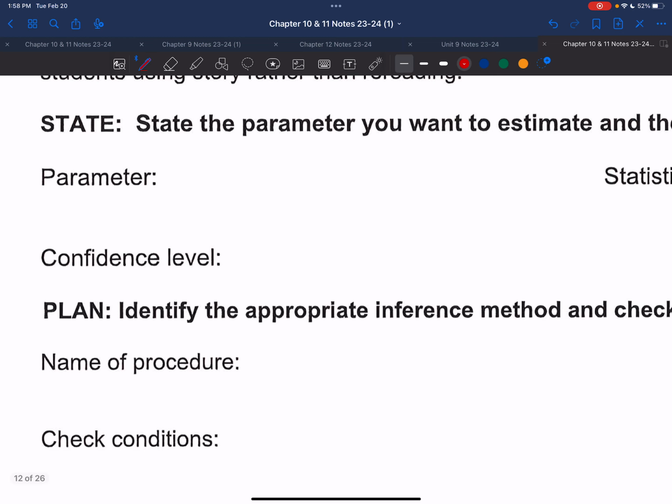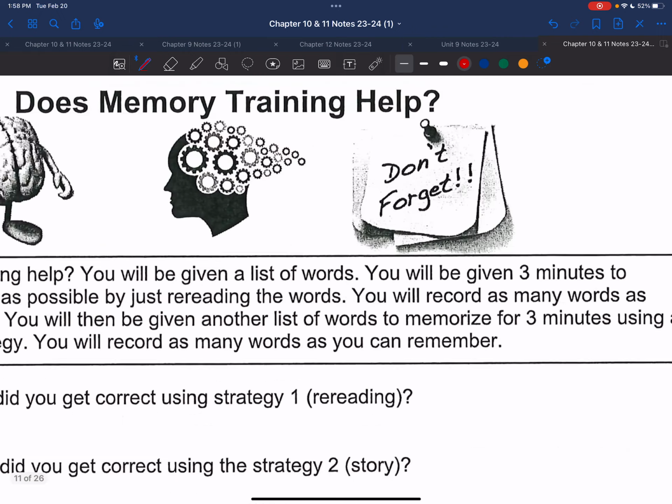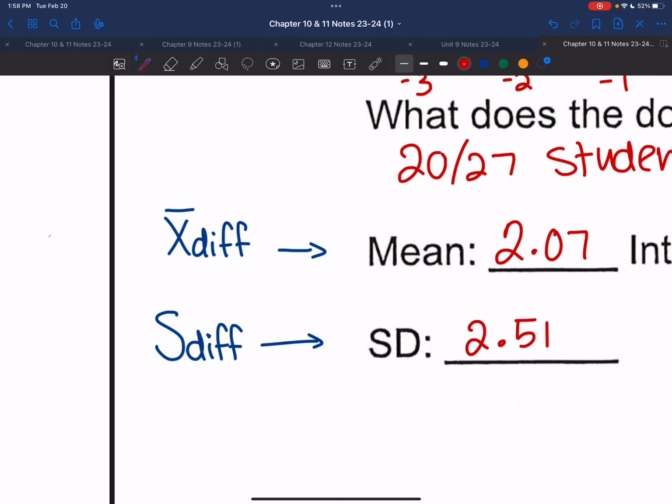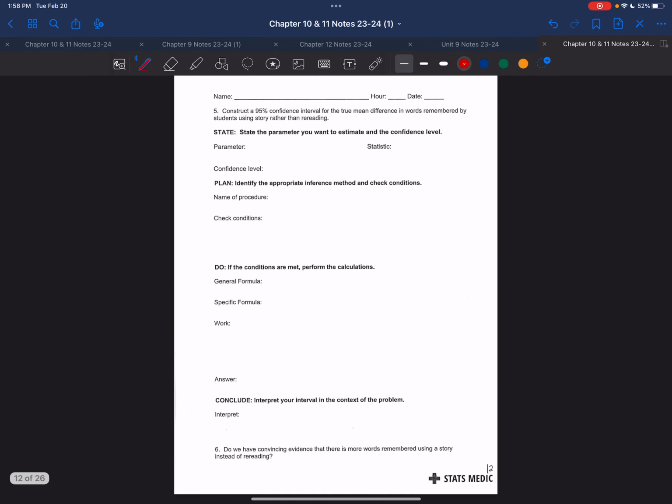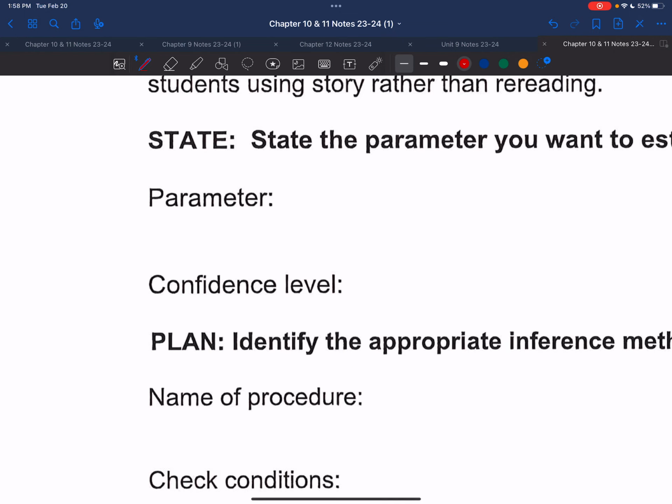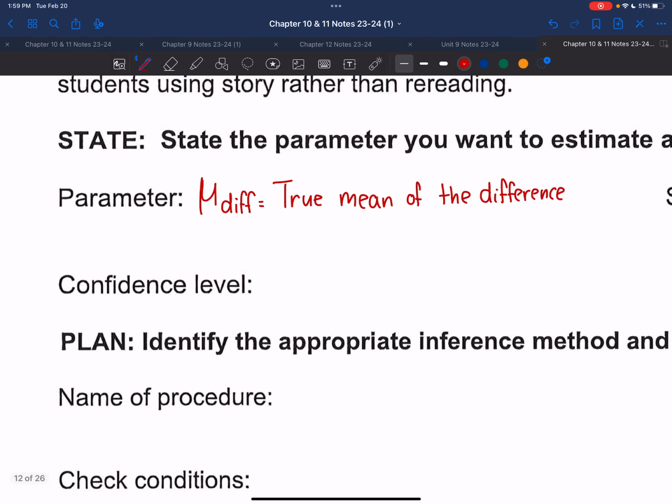So my parameter: if our sample is represented as x-bar diff, then our parameter is just going to be mu diff. All right, so mu diff represents the true mean of the difference in words remembered.